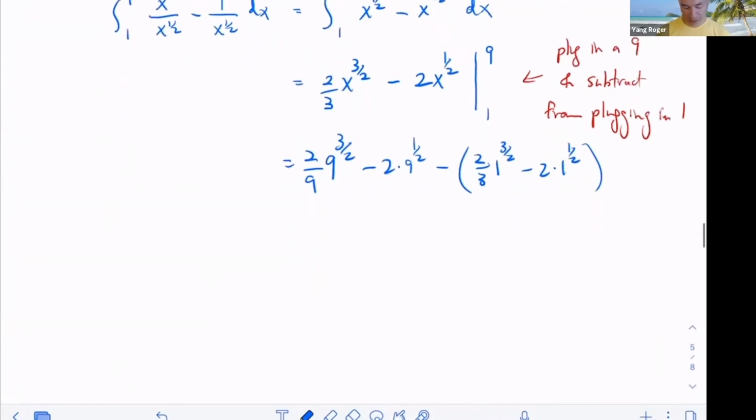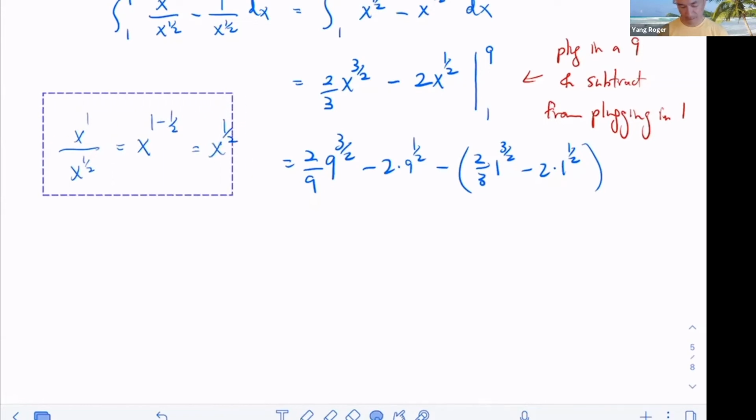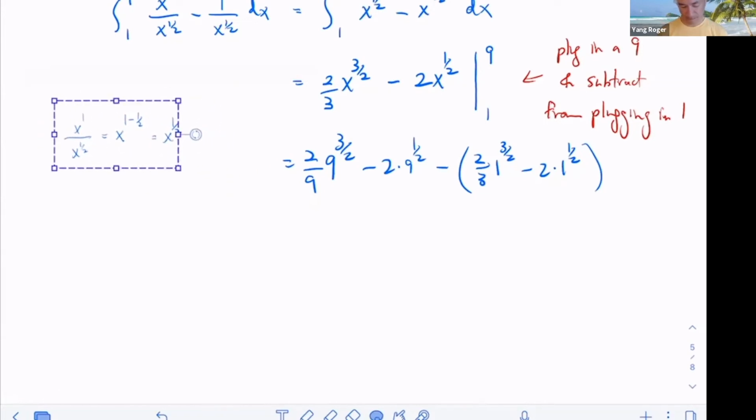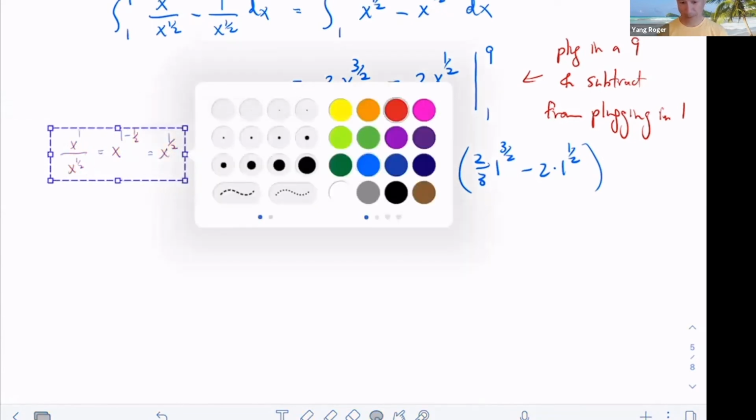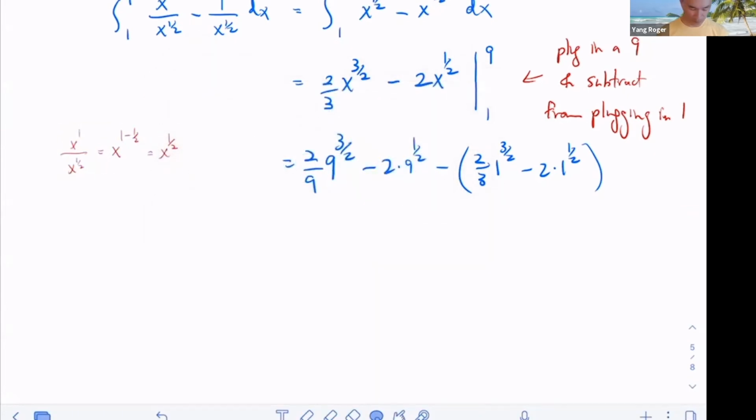So x to the 1 over x to the 1/2 is equal to x to the 1 minus 1/2, which is equal to x to the 1/2. Does that make sense, Benny? No worries.